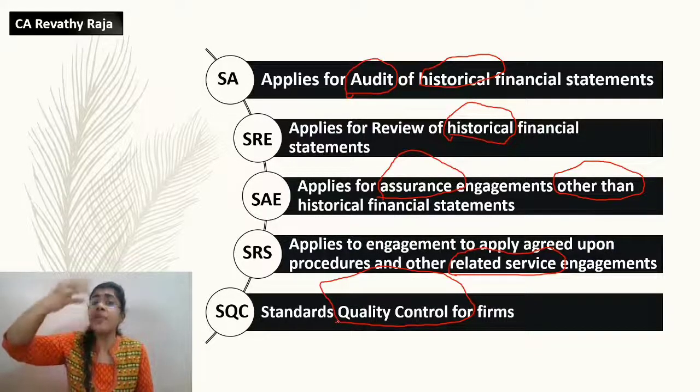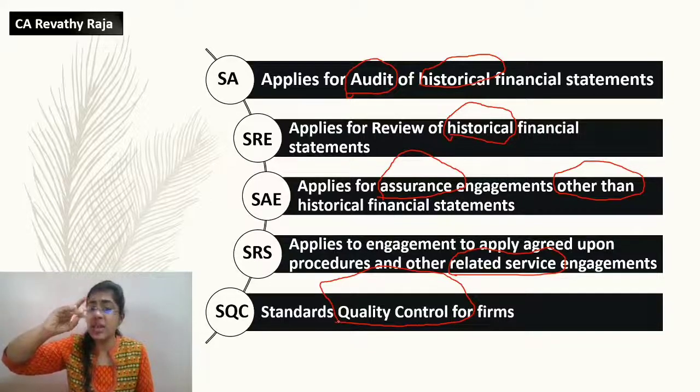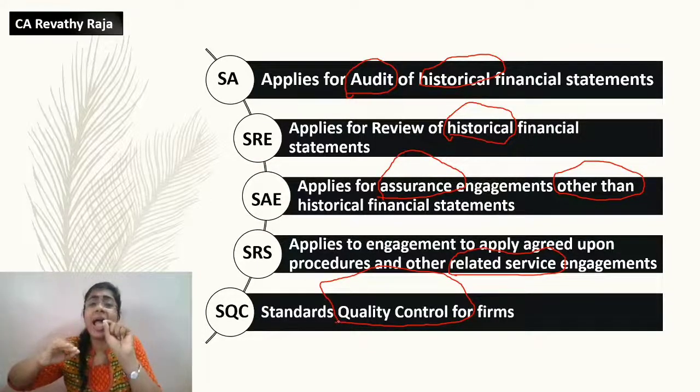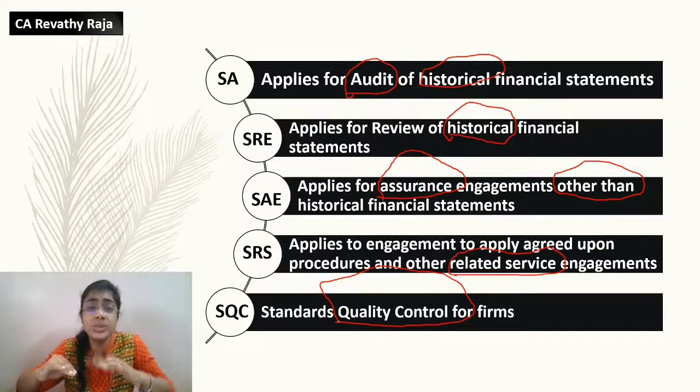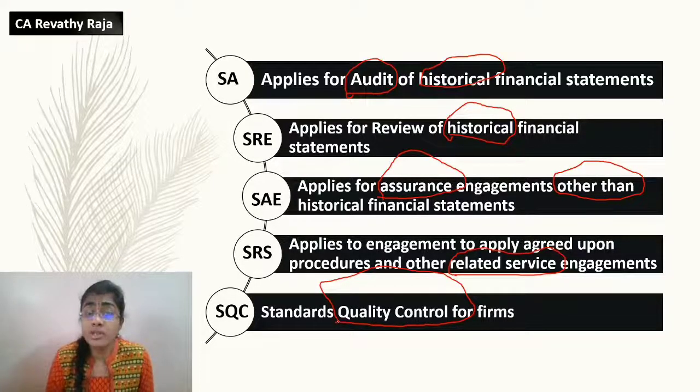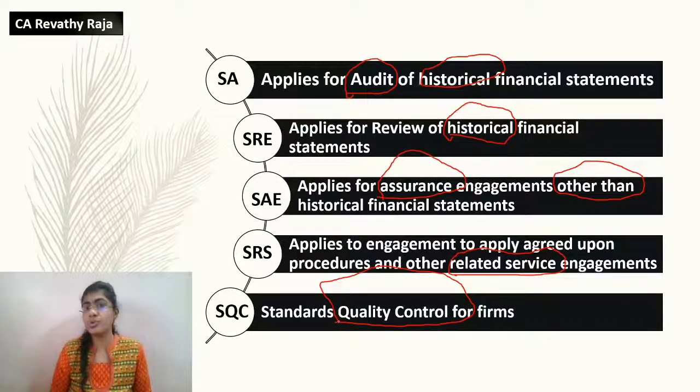Now, the above 4, SA, SRE, SAE, SRS, are for an engagement, meaning for a particular assignment. Whereas SQC is not for an engagement. So if you are asked to write what are the engagement standards issued by ICAI, you will write everything except one, which is SQC. Because SQC is not an engagement standard, it is the standard of the firm as a whole, macro.